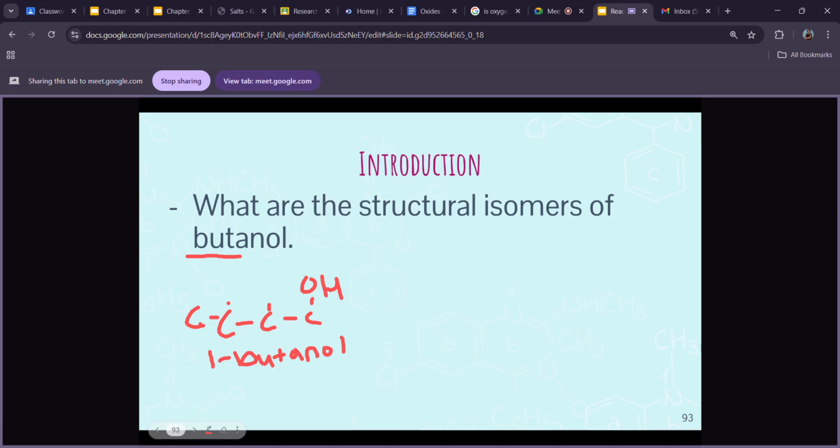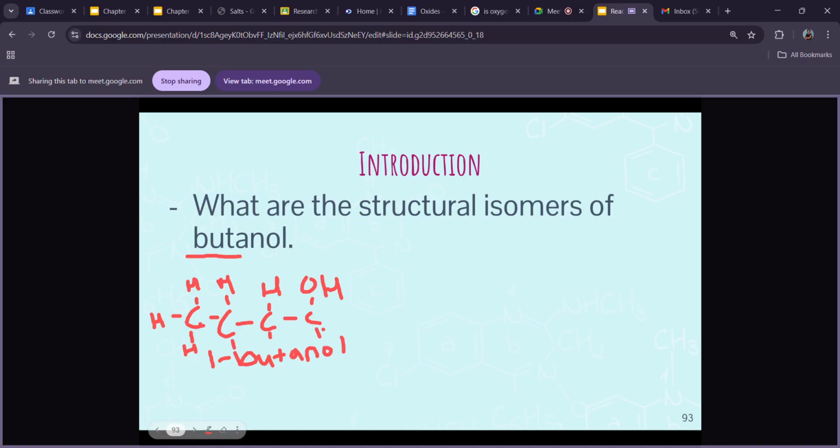So for the other isomer, we have position isomerism, where we change the position of the functional group. In this case, the hydroxyl group is on carbon number 1, so I can change it to carbon number 2, and that would give me a different isomer.